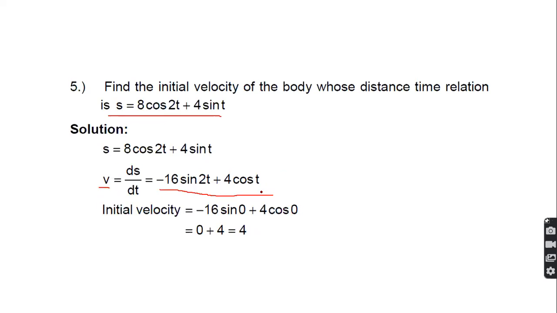What is the initial velocity here? Initial velocity means substituting t equal to 0. If you substitute t equal to 0, the sin 0 value vanishes, but cos 0 value is 1. Therefore, 0 plus 4 equal to 4.